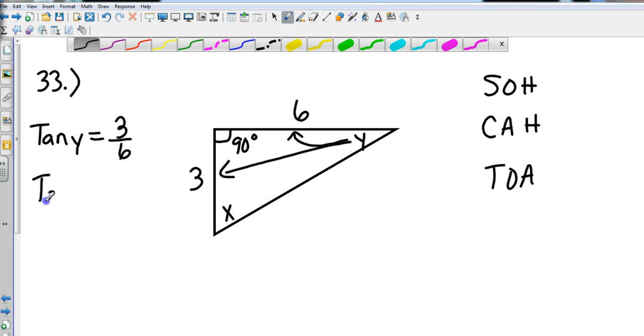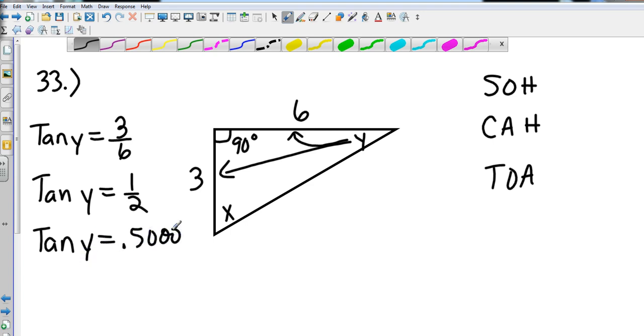So that's tangent of y equals 1/2. Okay, so what I'm actually going to do is put 1/2 in my calculator, and actually I'm going to do this. Tangent of y equals 0.5000.